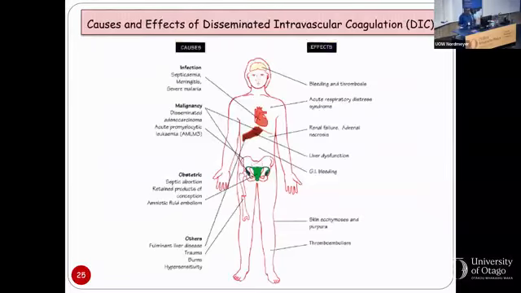Okay, the causes and the effects. Various causes: infections, malignancies, obstetric problems. We talked about the placenta, and then others, and the effects on the other side: bleeding, thrombosis, acute respiratory distress, renal failure, adrenal necrosis, and all of those things.